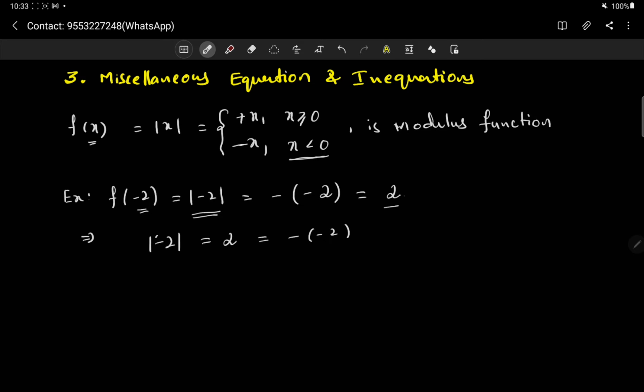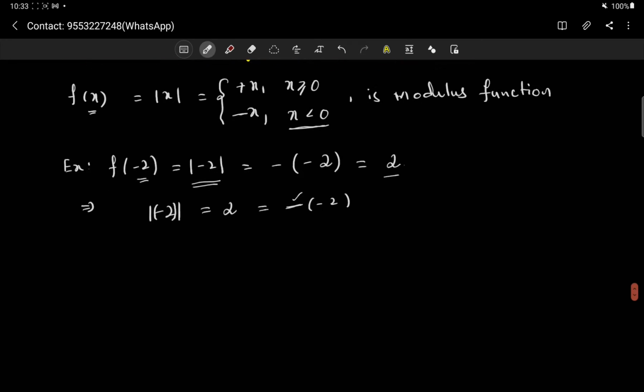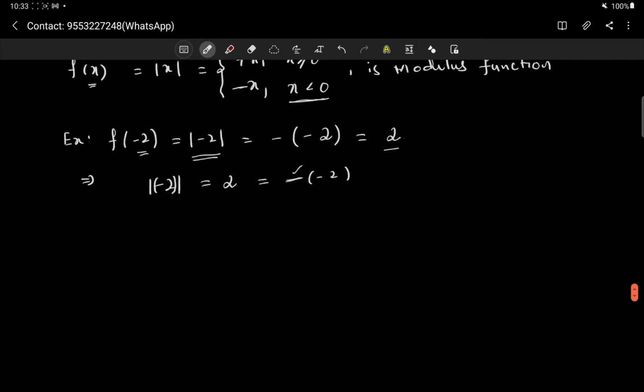Okay, when you are taking a negative number inside modulus, you have to give one negative sign before it. This negative sign you need to give before that negative number. Okay, so in that way modulus of plus 2 gives us what? That is 2 only, nothing but plus 2.